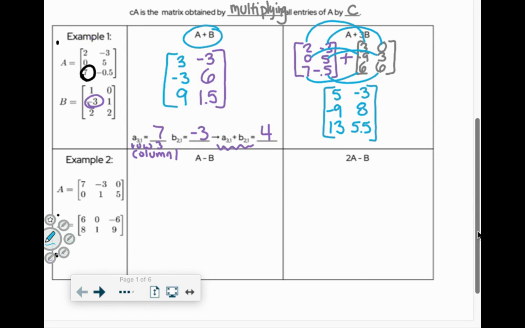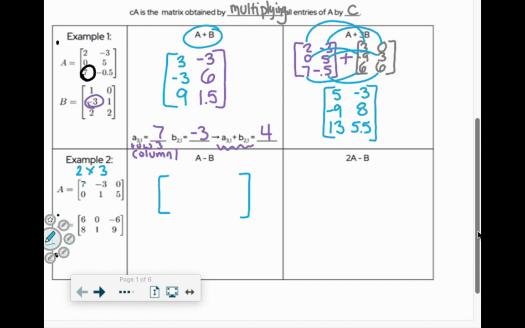Okay, then we're going to subtract. Guess what? The only difference is we are now subtracting instead. So A minus B. Notice how these are both 2 rows, 3 columns. These would be an example of a 2 by 3 matrix.